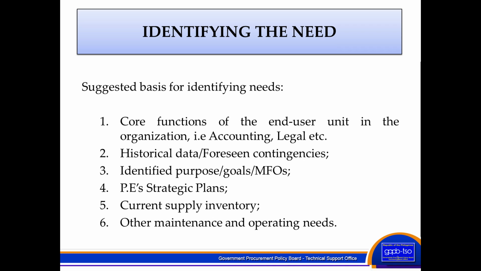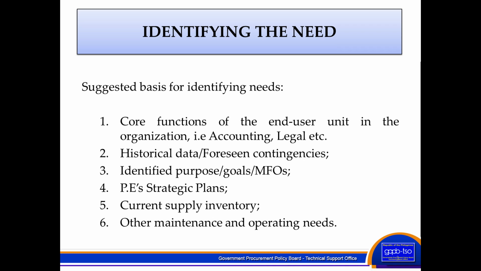Number 2, we can have the historical data or the foreseen contingencies. So what does it mean? We are just concerned with some of the drawbacks of the past procurement.